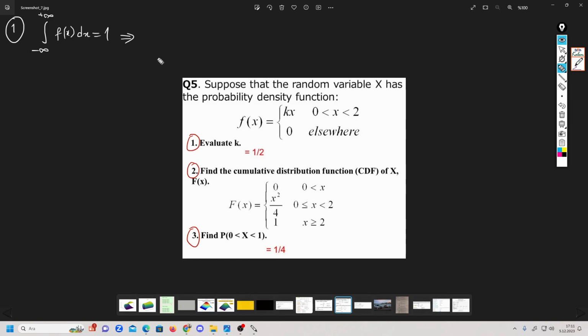And in this question, the function is 0 otherwise. For x between 0 and 2, function is k times x. So we have this integral 0 to 2, k times x, of course there should be dx, is equal to 1.